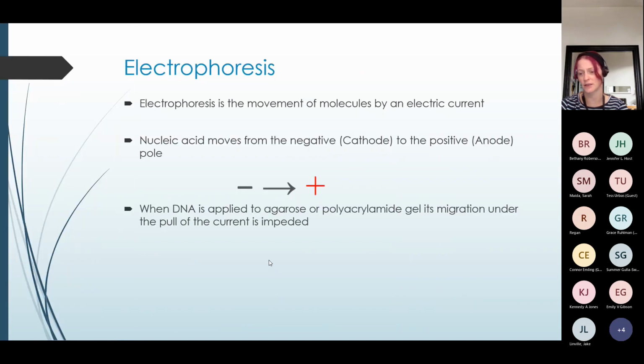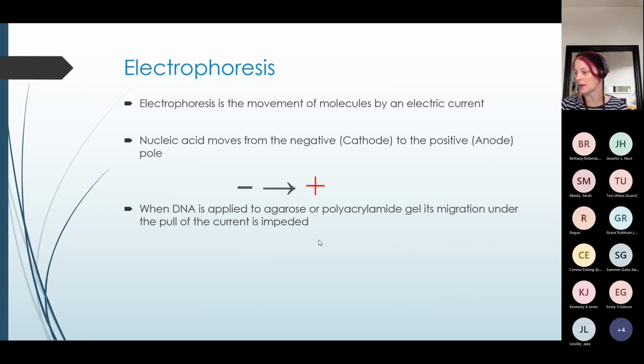We can detect in a number of different ways. We can do electrophoresis. It's kind of outdated at this point, but people still do it. It's the movement of molecules by an electric current. Nucleic acid moves from the negative pole, the cathode, to the anode, the positive pole, because DNA is negatively charged.